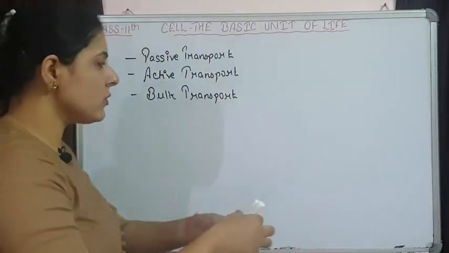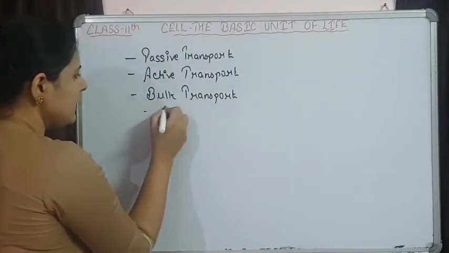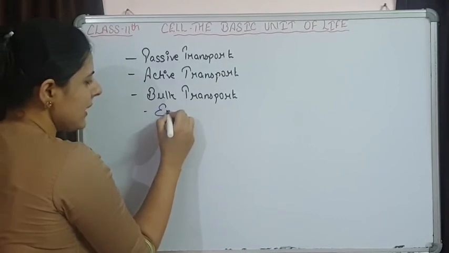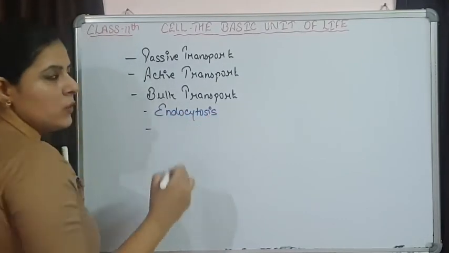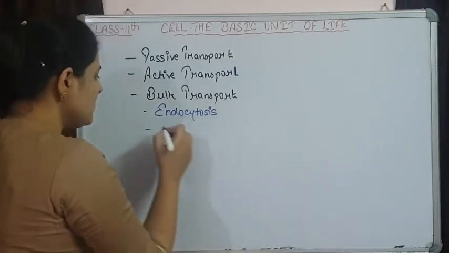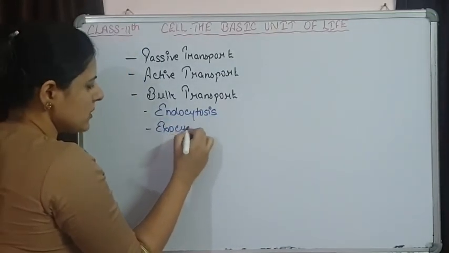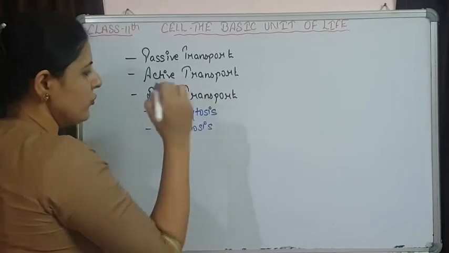So endocytosis and exocytosis: endocytosis simply states the inward movement of bulk of the substances, and exocytosis means outward movement.